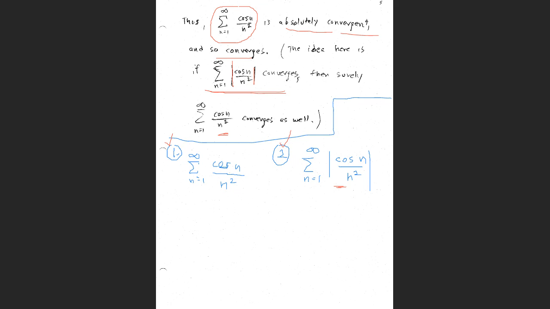Would series 1, with just the terms cosine of n over n squared, without the absolute values, would it have a smaller sum than series 2?